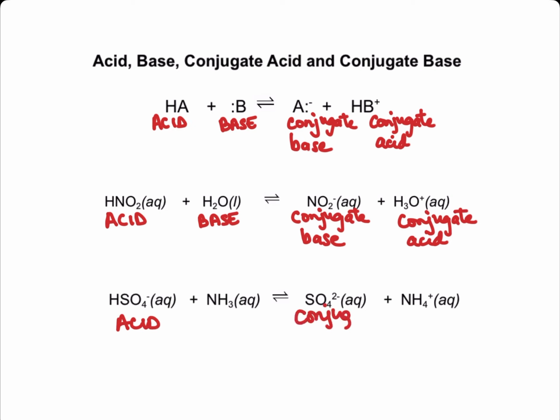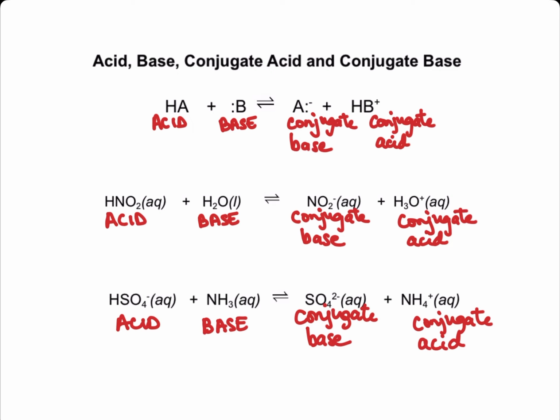And the result is called conjugate base. NH3 has 3 protons, and on the product side, it has 4 protons. So something that accepts a proton is called a base, and the result is called conjugate acid.